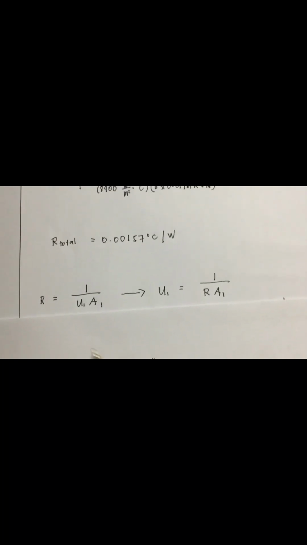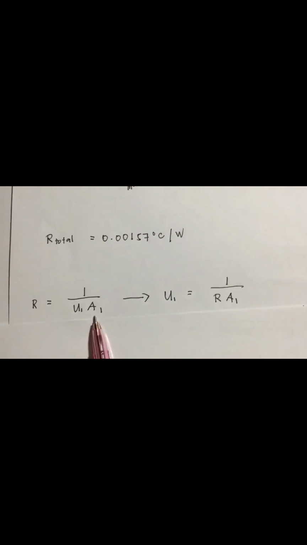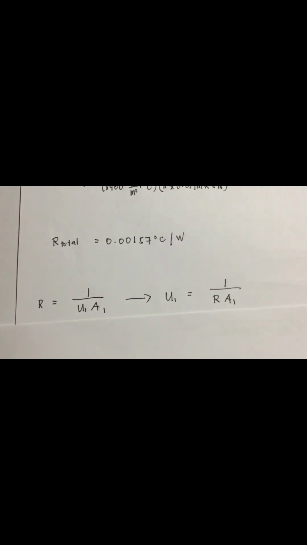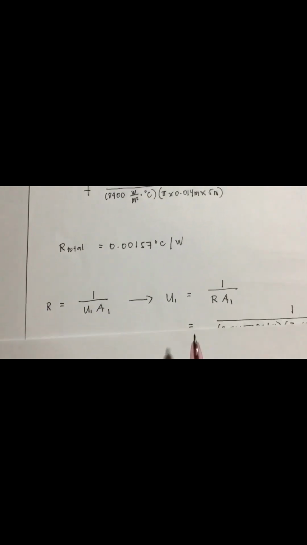Now, we need to find the overall heat transfer coefficient based on the inner surface area. We have given the formula: 1 over the overall heat transfer coefficient inside times the inside area. So the inside overall heat transfer coefficient is equal to 1 over the total resistance and the inside area.